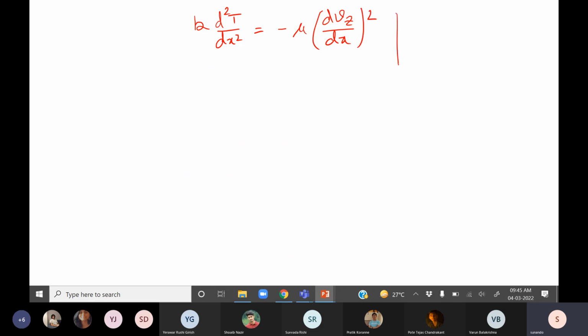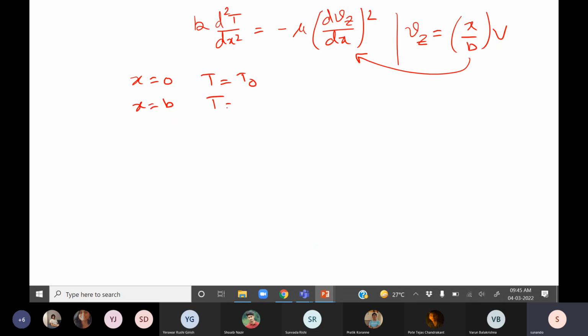And I know already from my fluid mechanics background that Vz is simply x by b times V. So when you plug this in and integrate it twice, with the boundary conditions that at x equals 0, the bottom plate, T is equal to T0, and at x equals b, the top plate, T is equal to TB, I leave this solution to you. It's a very simple solution.